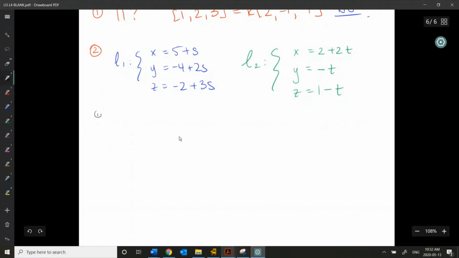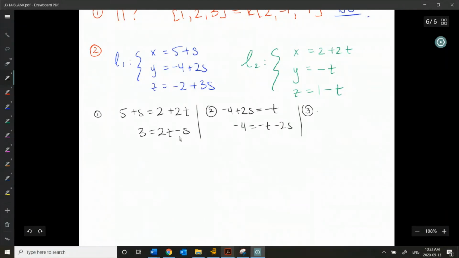We're going to create equation number 1 by setting the x's equal to one another, and we'll just rearrange to simplify. We'll create equation number 2 by setting the y's equal to one another. And the third similarly with the z's.